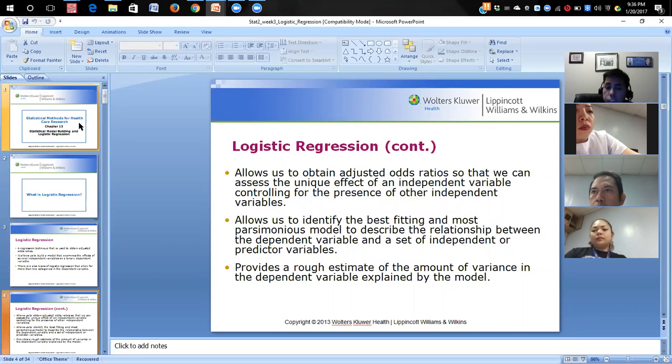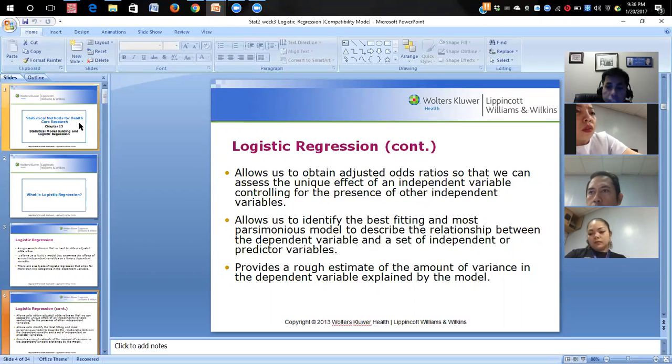It allows us to identify the best fit and the most parsimonious model. Parsimony means the least complicated model, to describe the relationship between the dependent variable and the set of independent, or what we call predictor, variables.